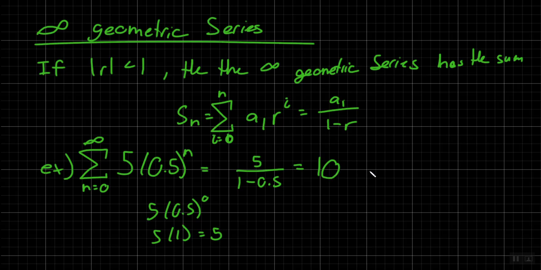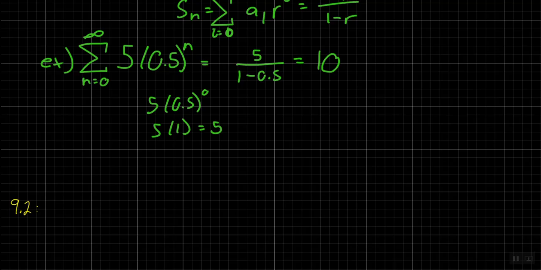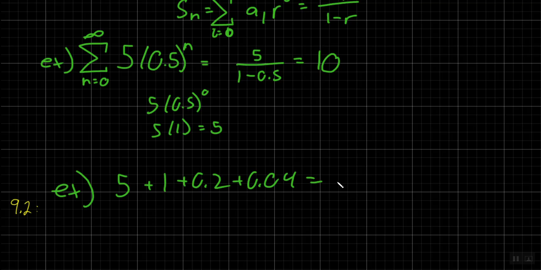So this should equal 10. Okay, I'm going to give you the numbers now: 5 plus 1 plus 0.2 plus 0.04, dot, dot, dot. There's 2 ways to find the sum of this, but we'll just do one way.